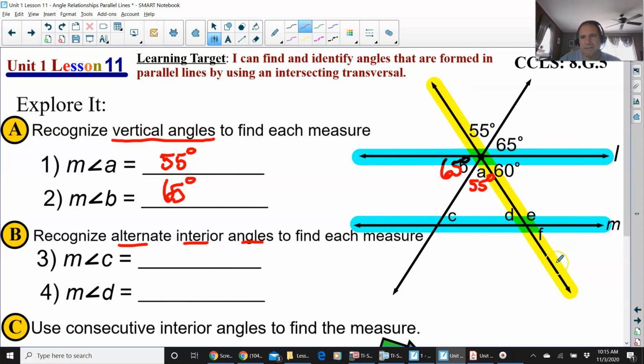Alternate interior angles are inside the parallel lines and across from each other. Inside and across from each other. Taking a look at D right now, this is 60, inside and across from each other, 60.